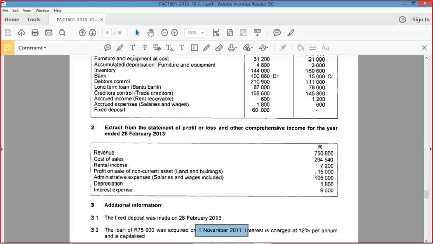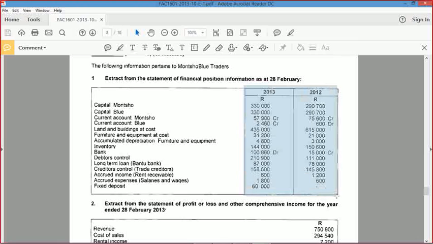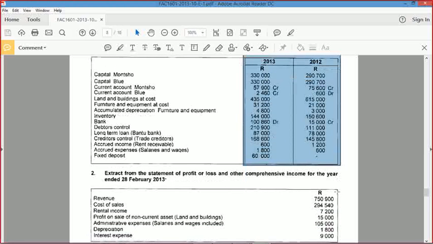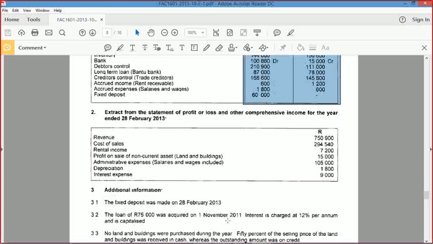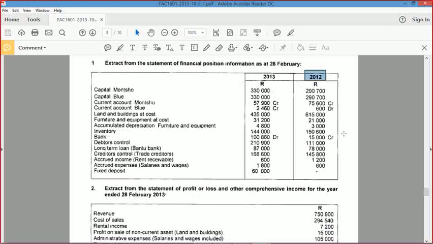What years am I looking at here? 2012 and 2013. So how much interest would have been added to the loan from 1st November 2011 to the 28th of February 2012? November, December, January, February. So work out the interest.